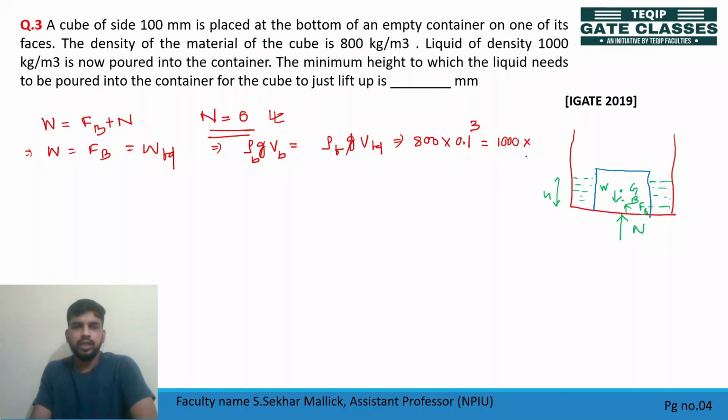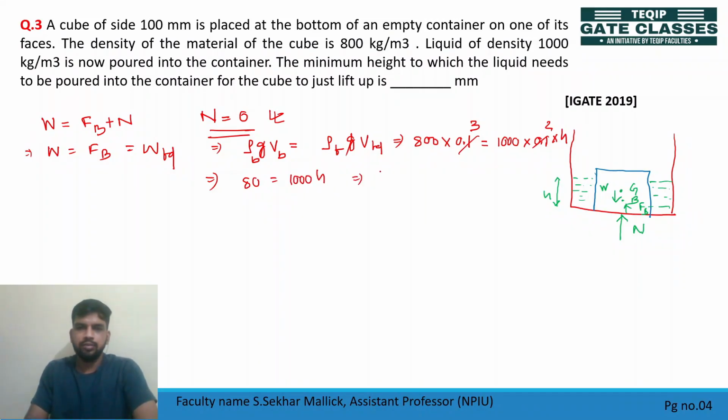How much? Area into height. Area is a square. Area is 0.1 square into height. Now find this. 0.1 cube, 0.1 square got cancelled. So here 800 into 0.1, that is equal to 80 is equal to 1000 H.